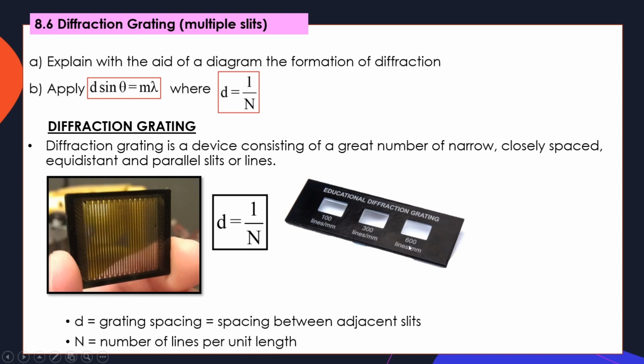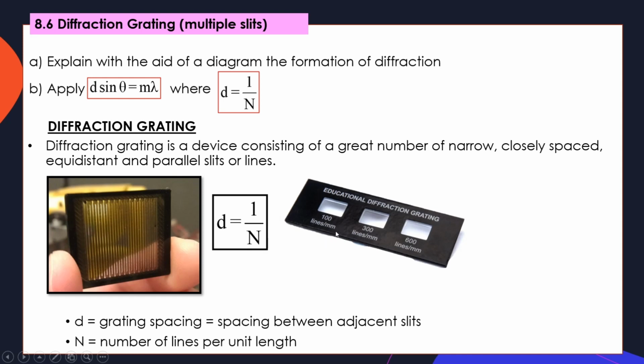Okay, so in your experiment, you are going to use this diffraction grating, where here we have 100 lines per millimeter, 300 lines per millimeter, and 600 lines per millimeter. So in order to calculate the grating spacing, we can use this equation where d is equal to 1 over 100 lines per millimeter.